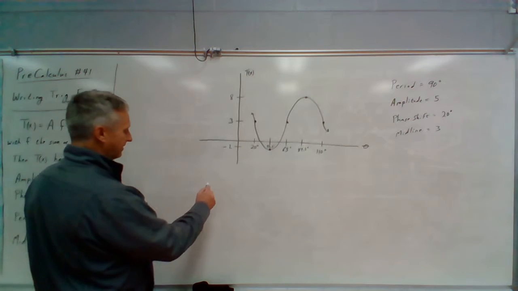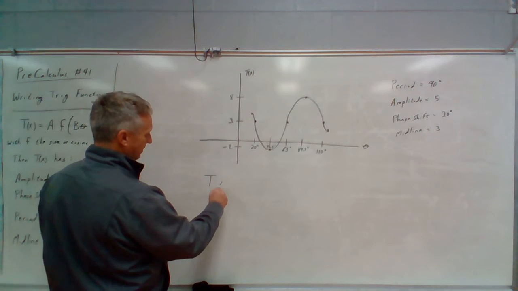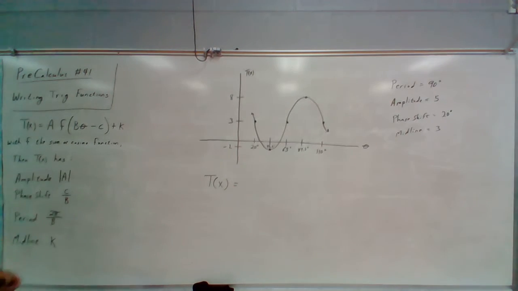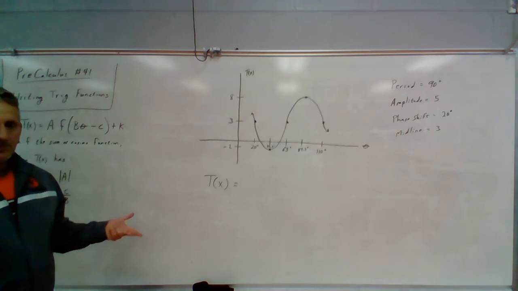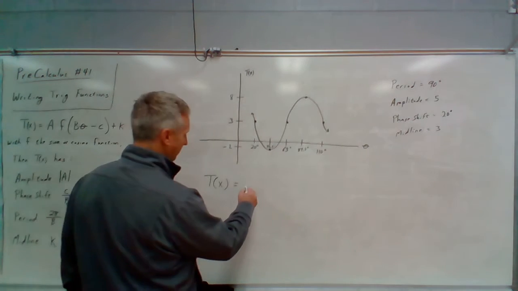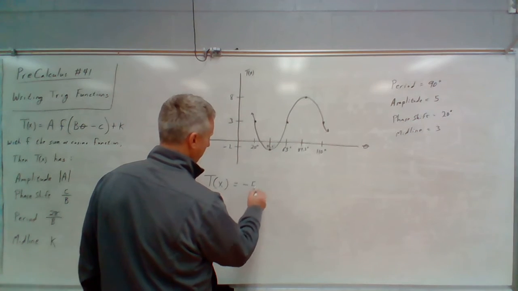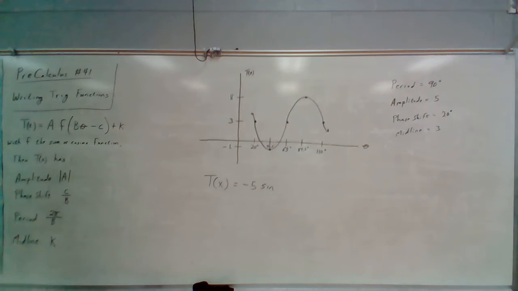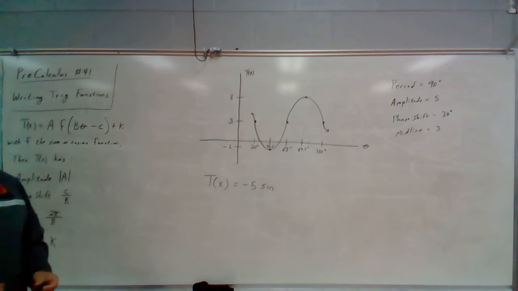All right, so let's see if we can write this function. Let's call this t of x. My amplitude is 5, but it's been flipped upside down. So I know that this a should be negative 5. And we said we were going to use the sine function. Again, you could use cosine, but you would have to shift it in different ways.